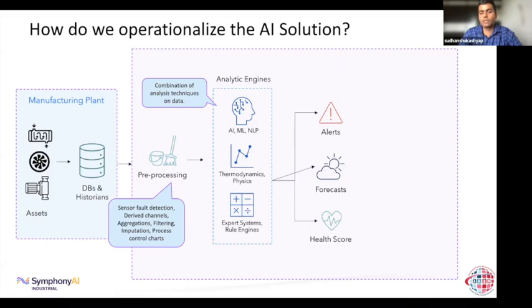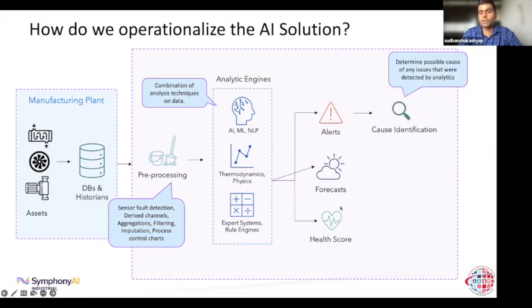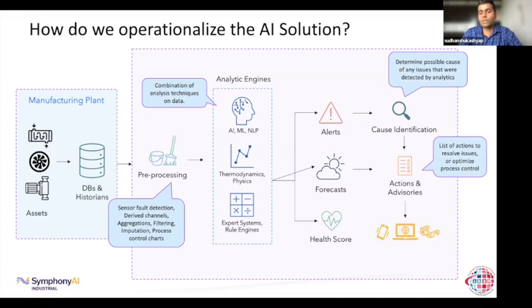And finally, the results of these would be, if some problems are detected, it will alert, or forecast certain parameters, and then give some prescriptions about it. And again, we need to feed back all these findings based on how the user analyzes. So these systems have to be self-learning. They have to be kept updated based on user feedback, and they can keep evolving as we go.